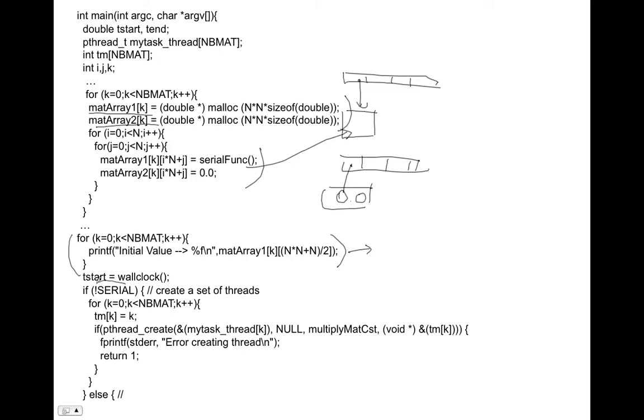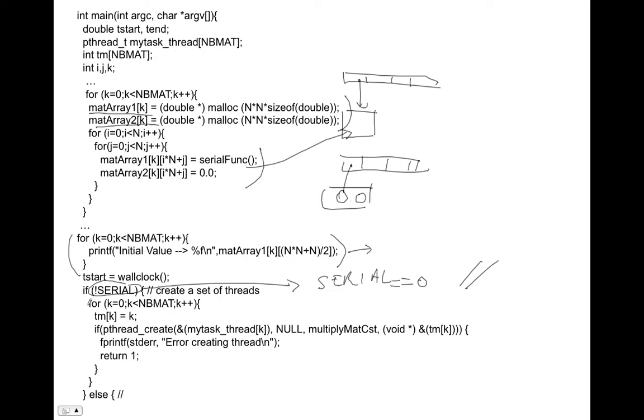And in here I have a switch, a conditional: if serial equals 0, then I run in parallel, otherwise I run in sequential.